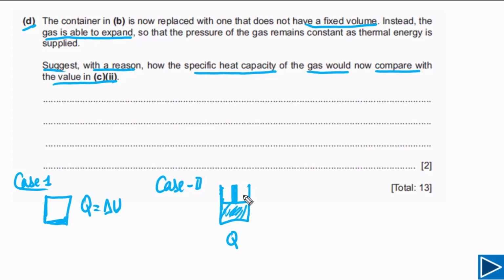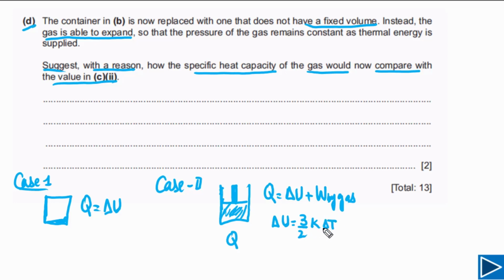So in this case, work is done by the gas. So we can say Q will be equal to the change in internal energy plus the work done by the gas. The internal energy is directly linked with the change in temperature. We have discussed before, delta U is equal to 3 by 2 K times delta T.